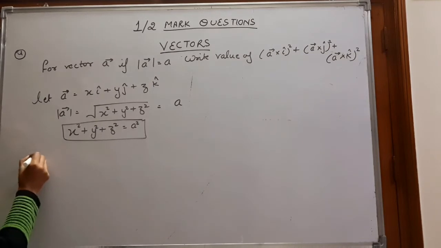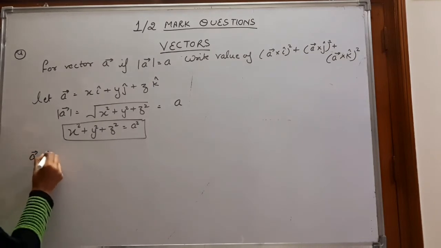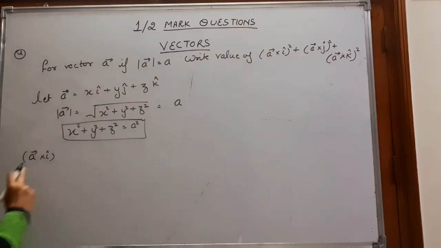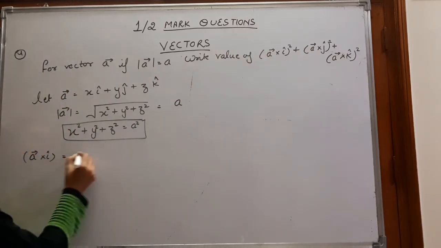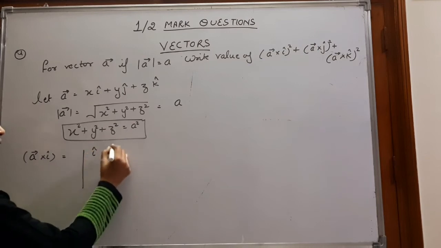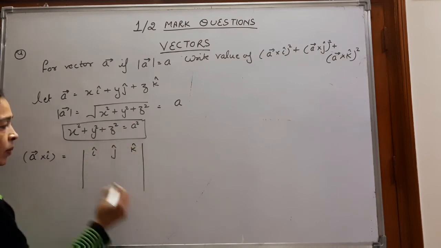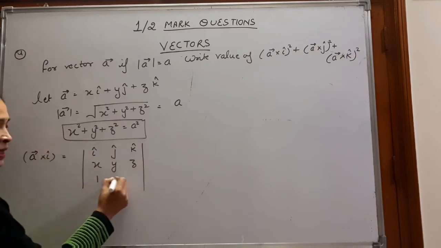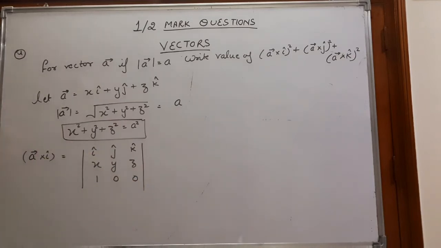Now children, first we will find vector A cross i cap. We have to find squares of these. Cross product with i cap, j cap, k cap in the first row, vector A as x, y, z, and i cap as 1, 0, 0. I cap means 1 i cap, 0 j cap and 0 k cap.